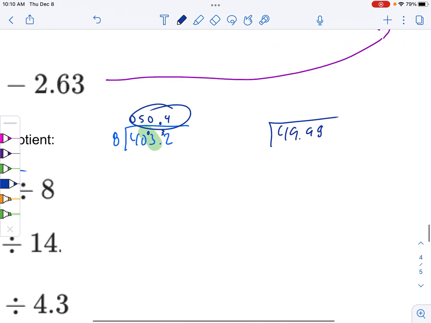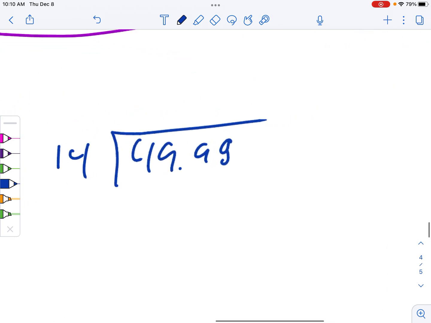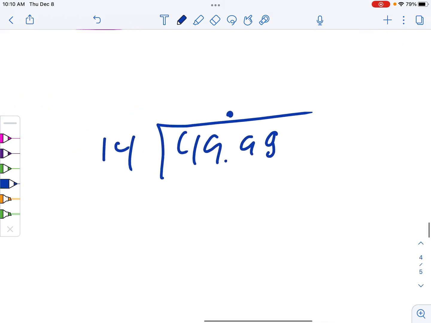49.98 divided by 14. Do not need to clear any decimals because they're all good to go. All right, let's go to work. 14 goes into 4 0 times. 14 goes into 49 3 times with 7 left over. 14 goes into 79 5 times with, how many left over?